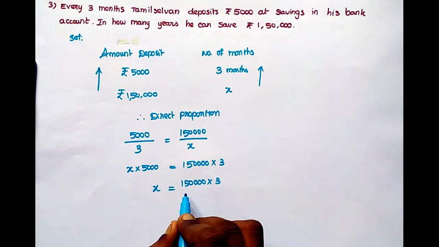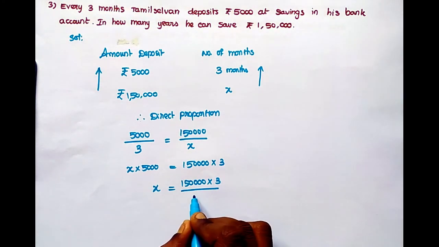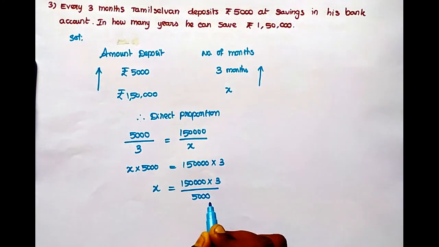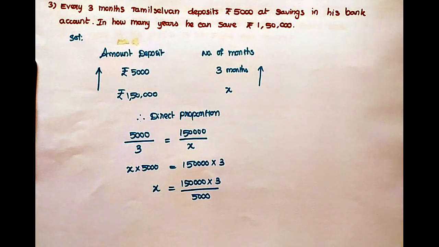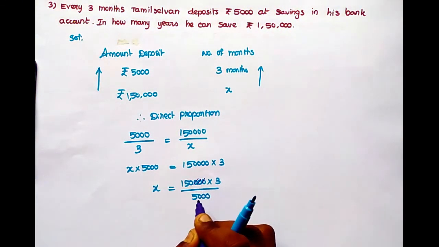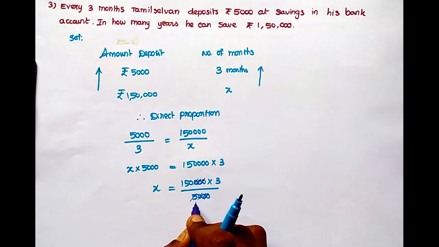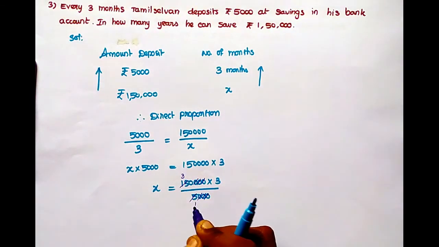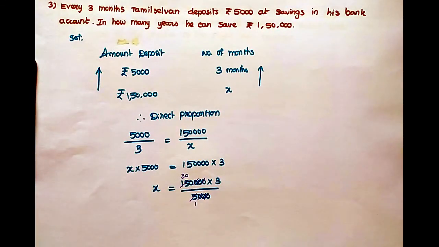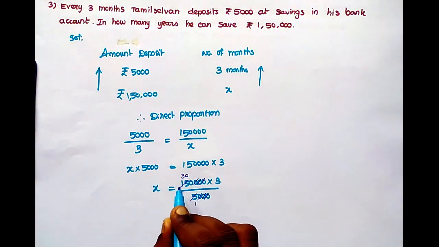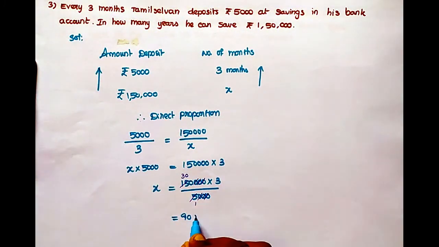Here 5,000 is in multiplication; bring this side means division. Now cancellation. 3 zeros get cancelled. 1 5 is 5. 5 3s are 15. Put this 0 means 30. So 30 into 3, 90 months.